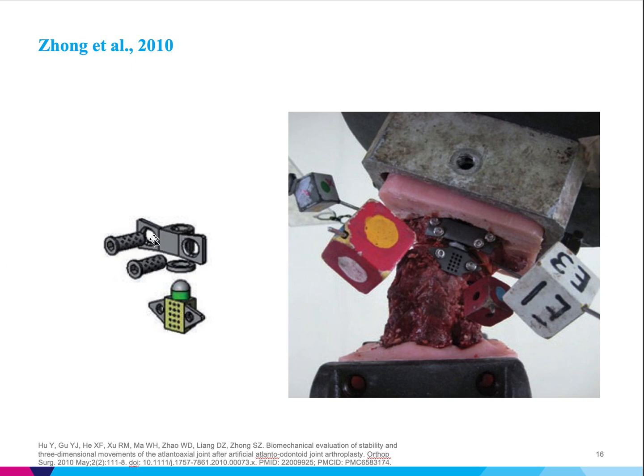One part attaches to C1, one part attaches to C2. In their design, the C1 portion rotates along this hemisphere. Again, that allows axial rotation, and by virtue of this hemisphere and the screws supporting this part that goes into C1, it's going to help to limit C1-C2 subluxation.